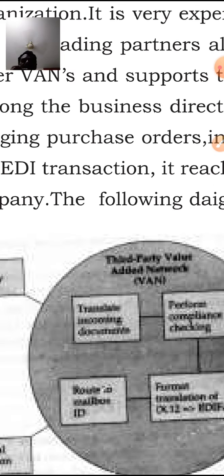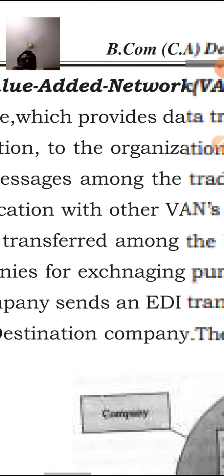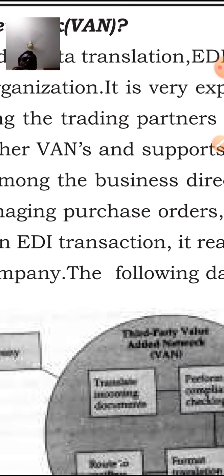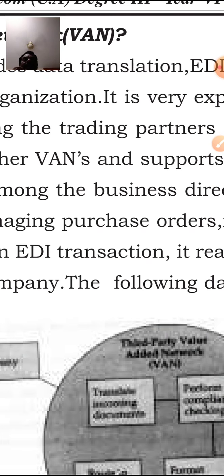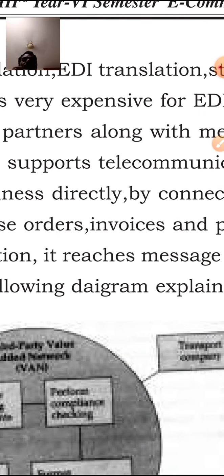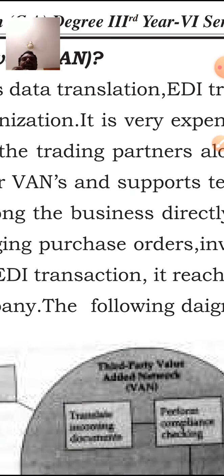The third party is generally called the VAN. With the help of the value added network only, the business data is transferred from one end to the other end.